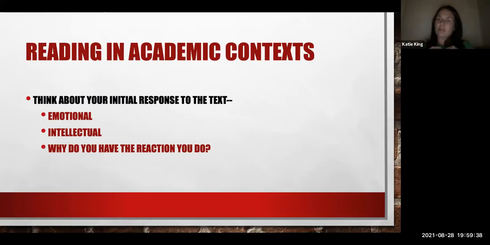What about my personal experience, my beliefs, my education level, my knowledge of this text, my knowledge of who wrote this text, the implications of this text being true or being agreeable? Why do I feel the way I do? That's incredibly important because that is going to be the basis of your thesis, or at least a thesis you could have about the text.